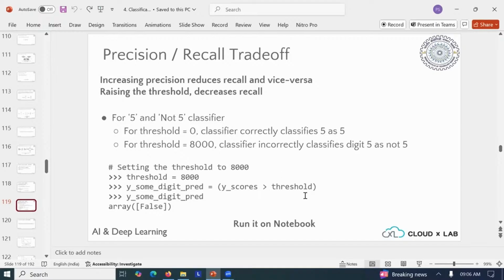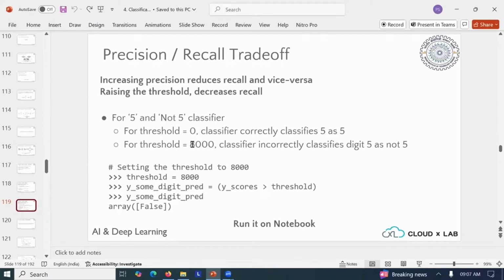Yes, it will classify incorrectly. Some 5 cases will be classified as not 5, right?